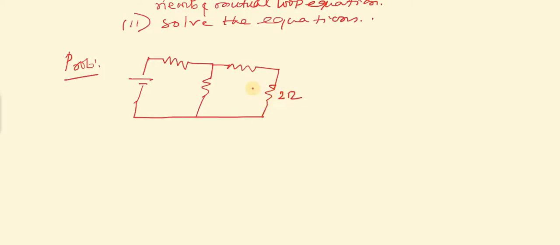This is 2 ohm, and this is our 5 ohm. The value of this resistance is 2 ohm and this is 100 ohm. Now I need to find this current.